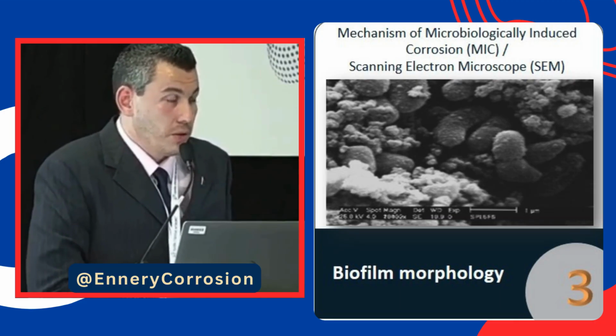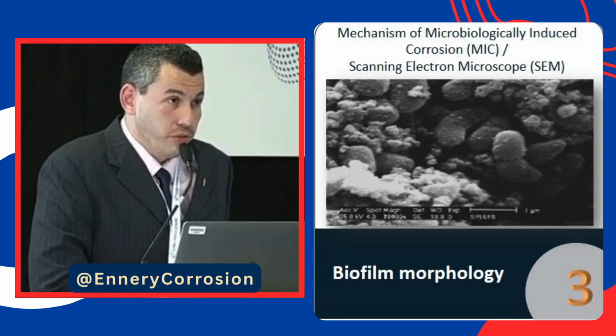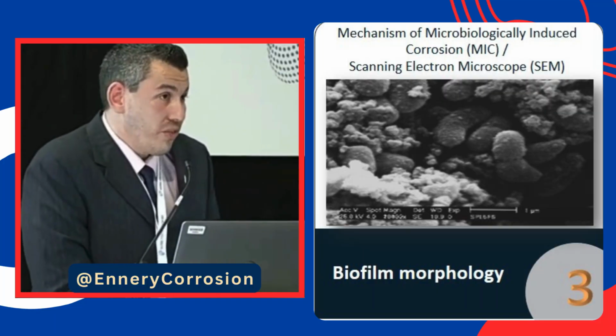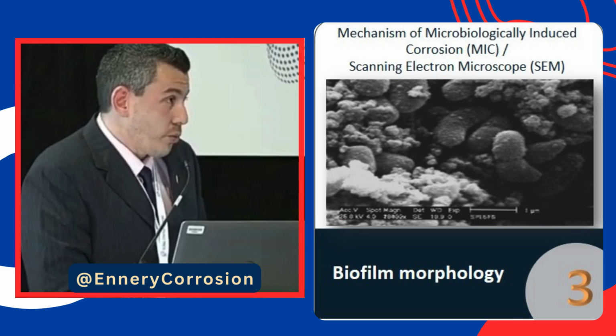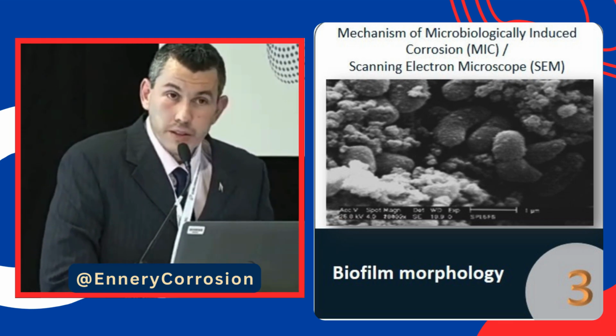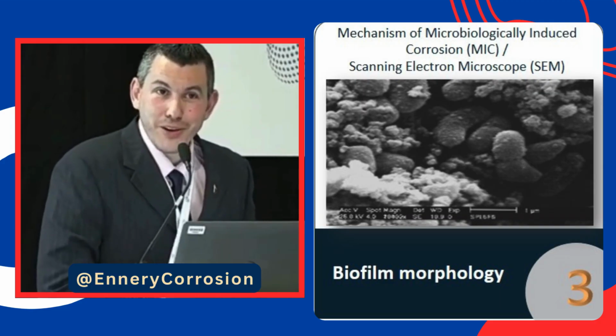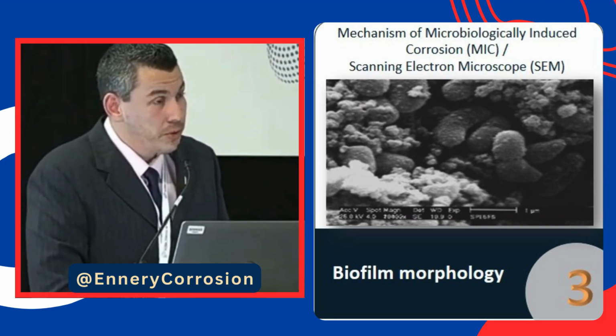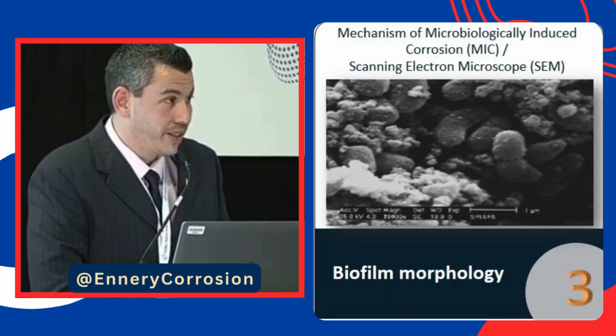They are the most common microorganism involved in this type of problem. And we can get to know them if they are present in our system. Once we retrieve corrosion coupons, we can take those coupons to the lab, take a nice picture, and see what kind of microorganisms we have. And then, if we know our problem, we will be able to specify the correct type of biocide.